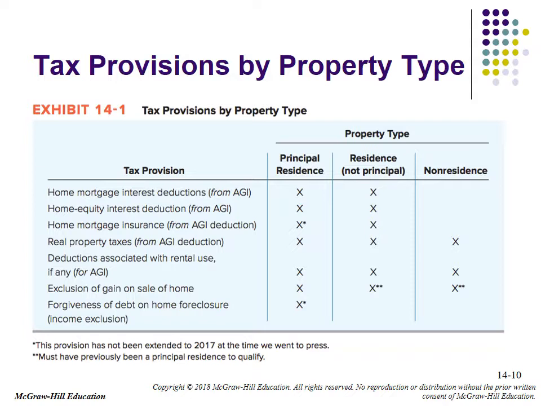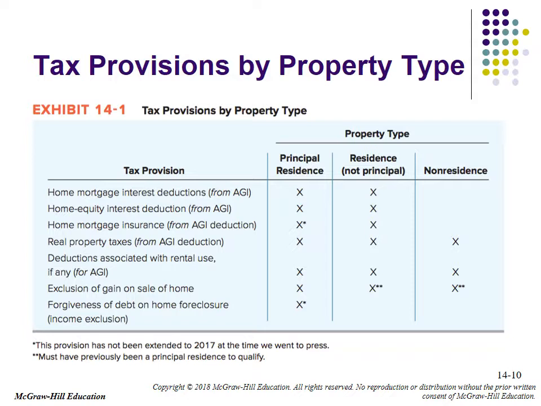Note, a taxpayer can have only one principal residence during a particular year, and it may change from year to year due to those facts and circumstances.